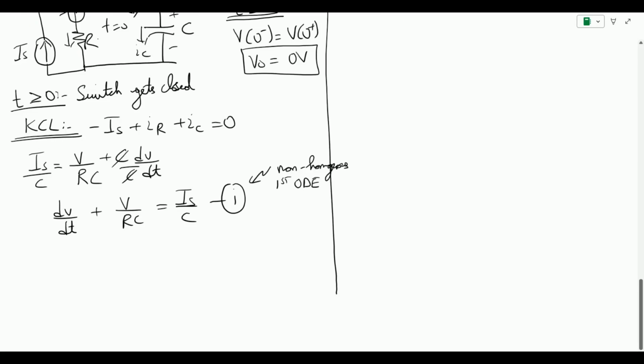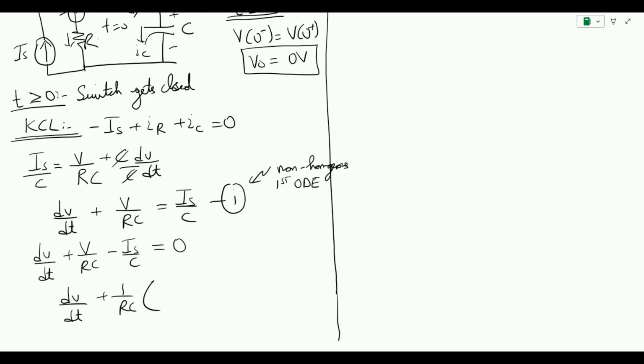So what we can do is write it again in the form of dV by dt plus V by RC minus IS by C equals 0. Then let us take 1 by RC as a common factor. So dV by dt plus 1 by RC, in the parentheses we'll have V minus, inverting the fraction, RC multiplied by IS by C equals 0.